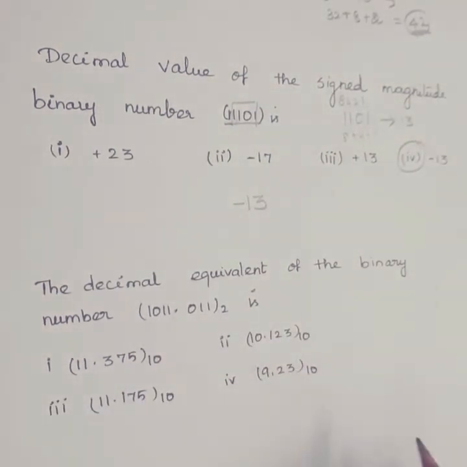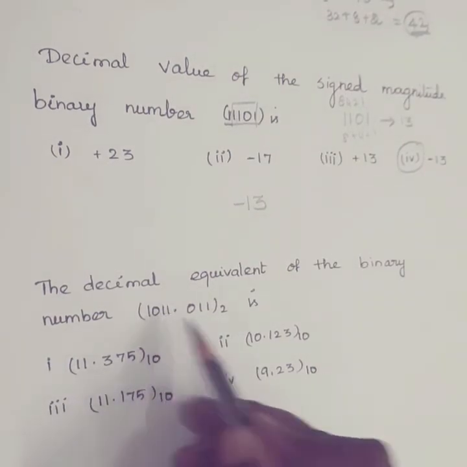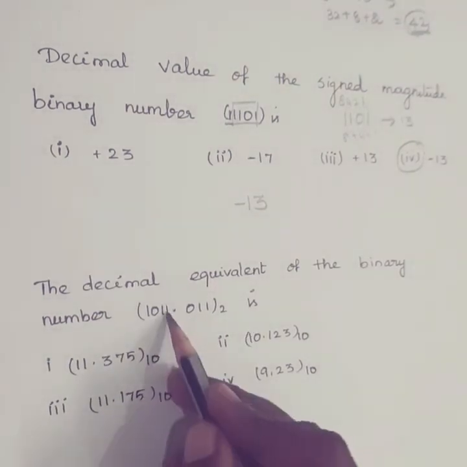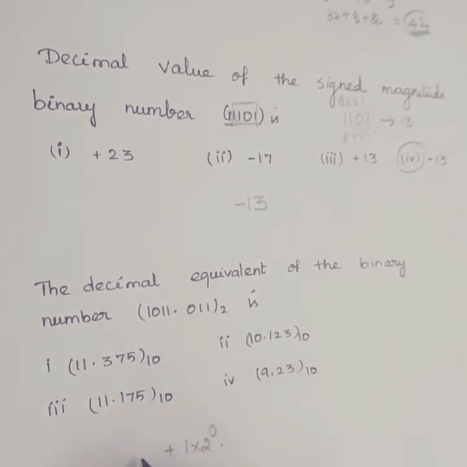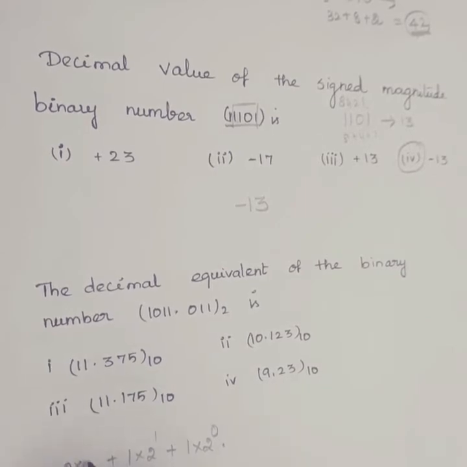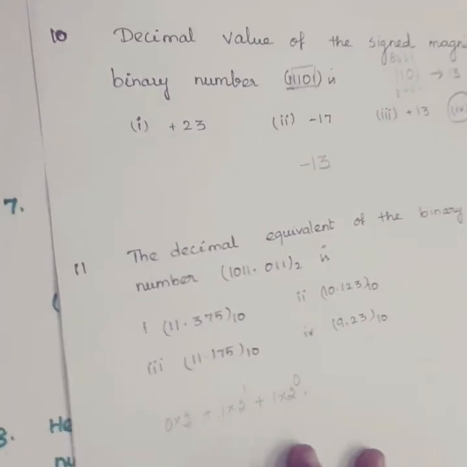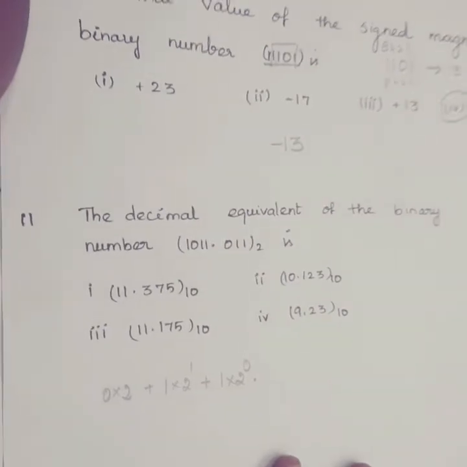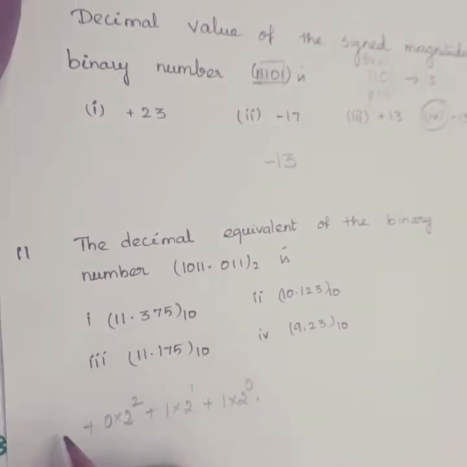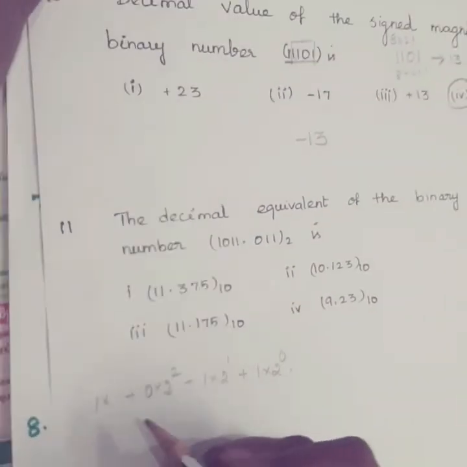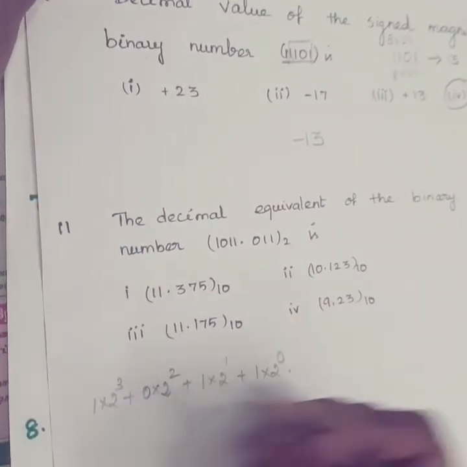If you are taking from the radix point 1011, so 1 into 2 power 0 plus 1 into 2 power 1 plus 0 into 2 power 2 plus 1 into 2 power 3.